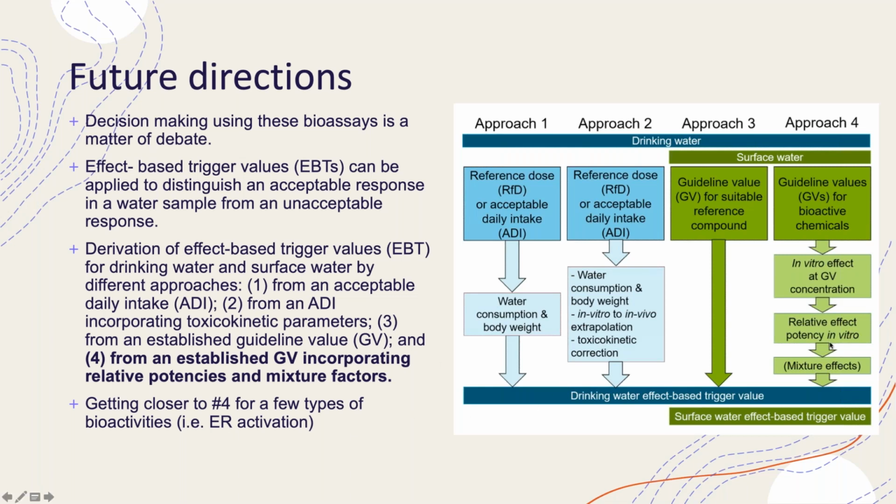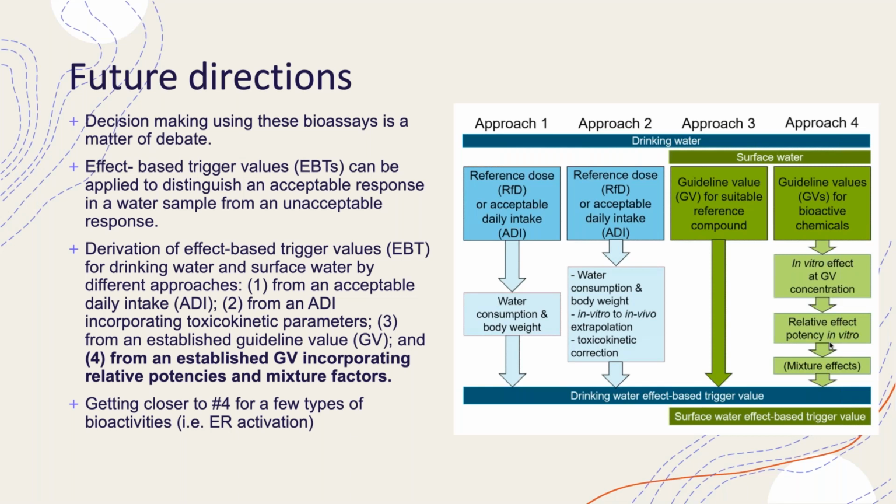One of the difficulties with taking these effect-based pathways is that these are mixtures. These have multiple effects that are cumulative, plus there are many unknown compounds. So we're trying to get a better grip of how to use some of our standard approaches that we use for looking at water safety, but now incorporating these effect-based approaches.